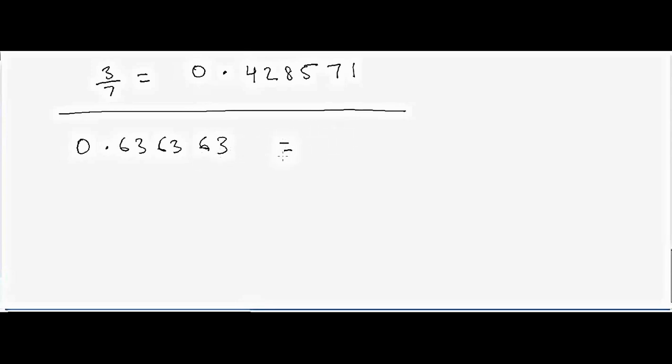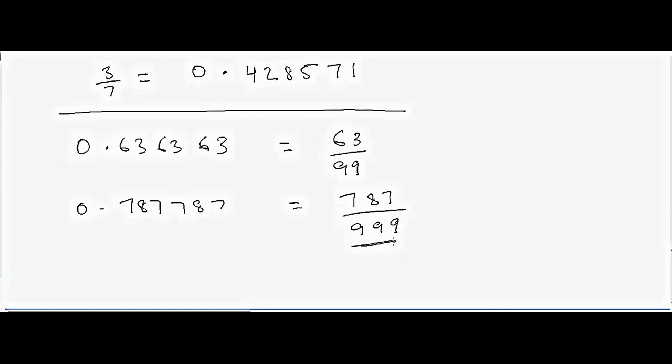All I need to do is look at this number, 63. 63 is a 2-digit number, so I put 63 divided by 99, with 2 nines in the bottom. Suppose we have 0.787 repeating, then all I need to do is write 787 divided by 3 nines in the denominator, and that will give me the fraction.